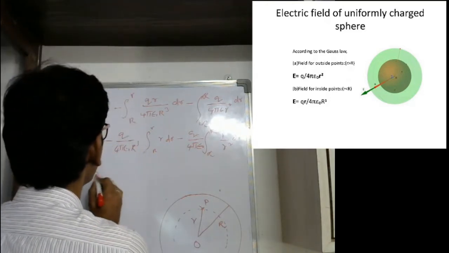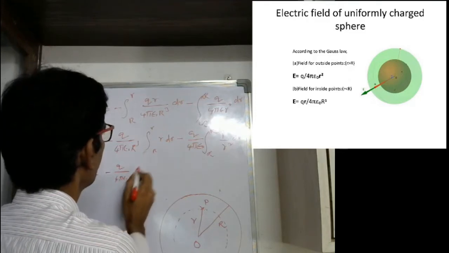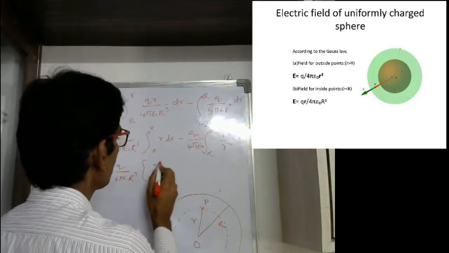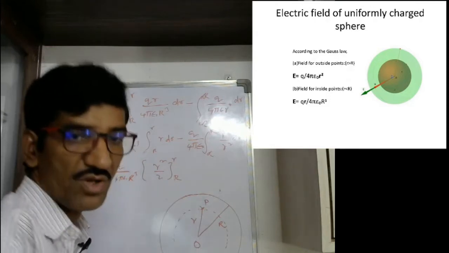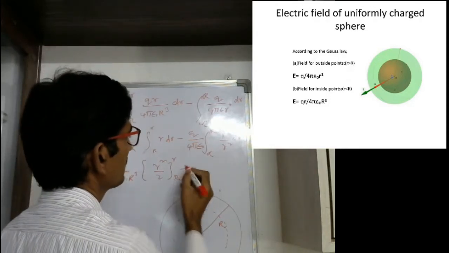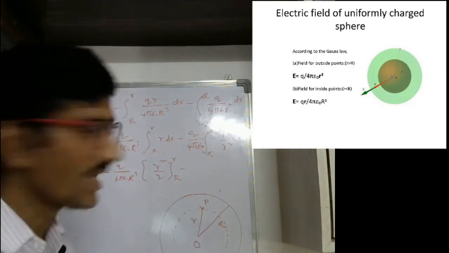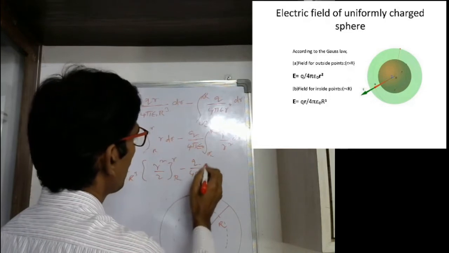Okay, now this is q by 4 pi epsilon naught r cube. What is the integration of r? This is r square by 2 with limits capital R to small r, minus q by 4 pi epsilon naught.